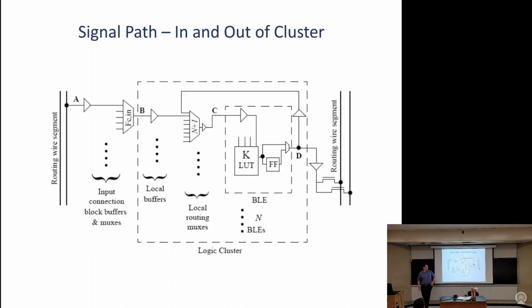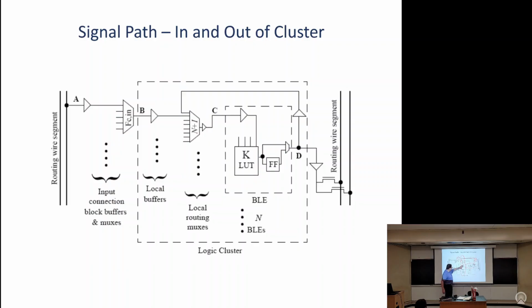It gets I inputs over here from the main routing, and it gets N inputs from these feedback connections, the outputs of things that are in the same cluster. So every MUX here has N plus I inputs, and we need K times N of them.